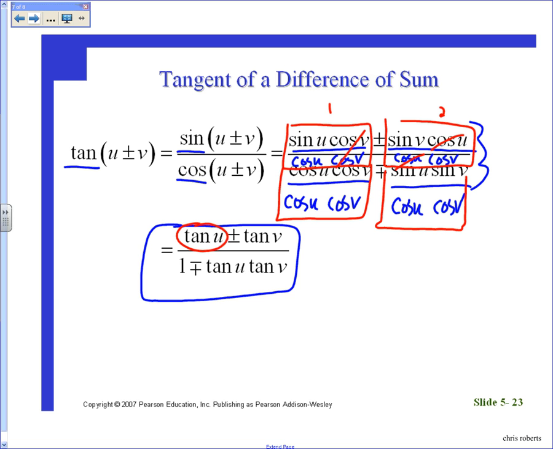Sine v over cosine v is going to give me this tangent of v. Cosine u over cosine u cancels, cosine v over cosine v cancels, giving me the 1. Over here, sine u over cosine u is going to give me tangent of u, and then sine v over cosine v is going to give me the tangent of v.